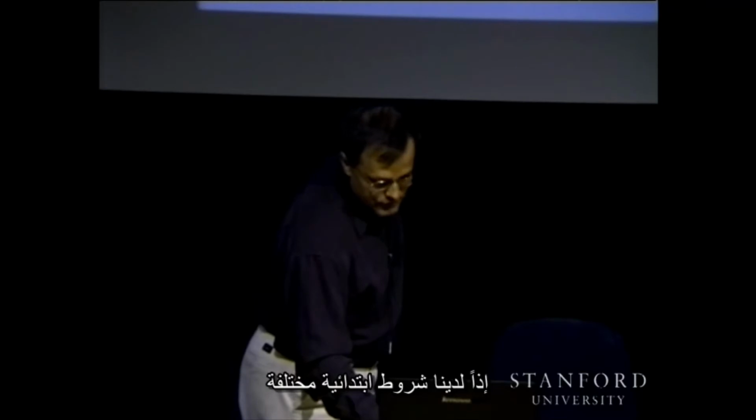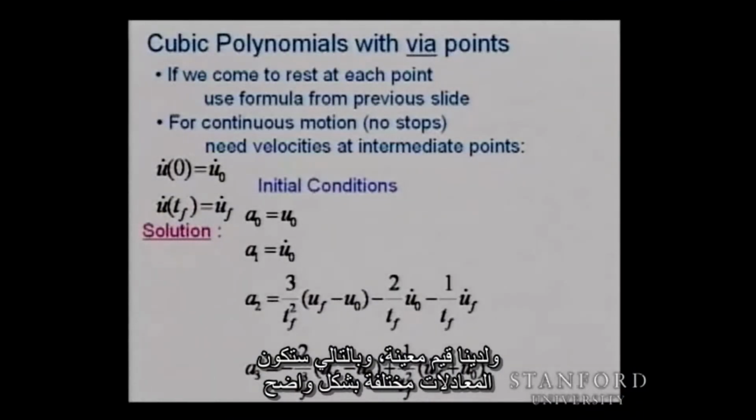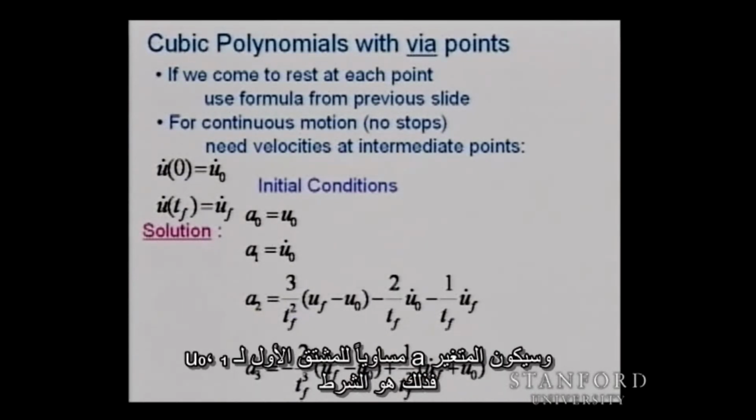So we have different initial conditions. We have certain values, and now obviously the formulas are going to be different. A sub 0 is still u sub 0 because we start from t0, and u sub 0 is the initial point. A sub 1 now is going to be u sub 0 dot because that's the condition.